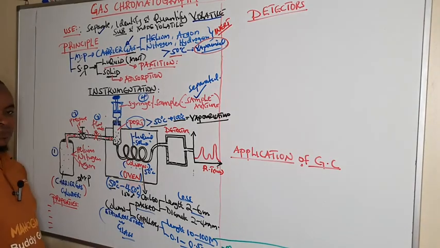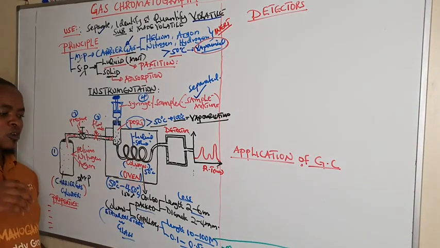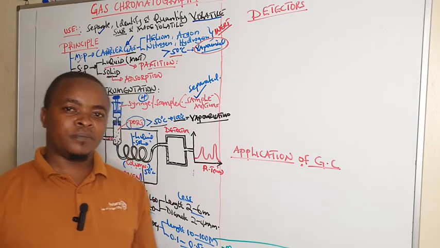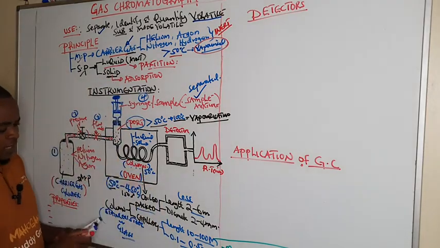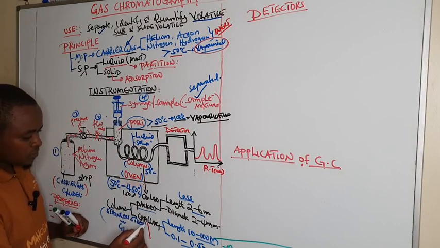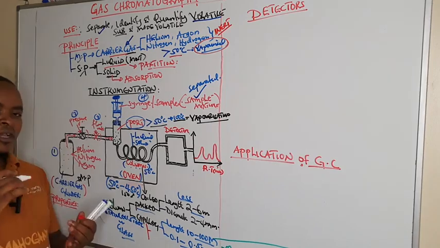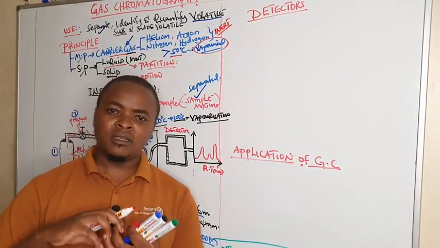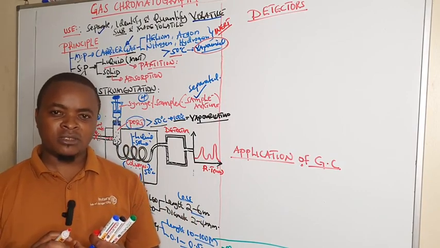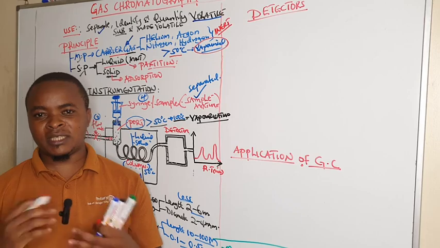And the capillary is made up of either silicon, glass beads or diatomaceous earth. So you can find the capillary coated with diatomaceous earth, glass beads, silicon or silica gel.